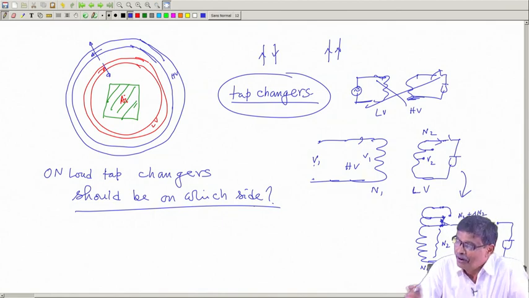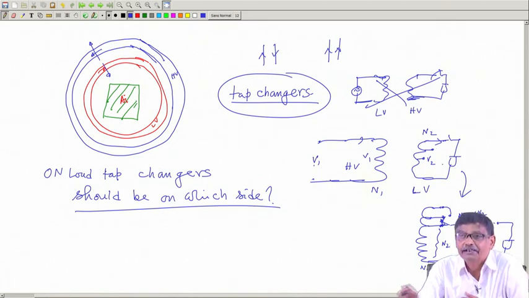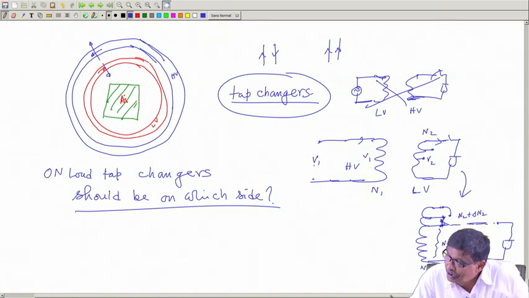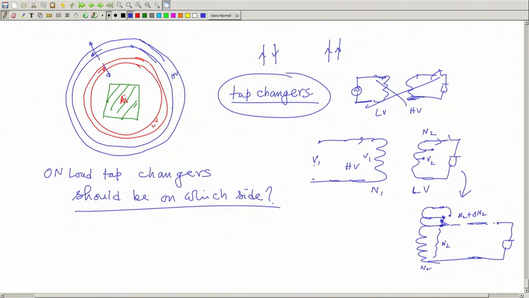No, because the LV side current is more. So, whenever you move this switch from this point to this point, you are trying to break the current and quickly it will be short circuited, this turn a bit. So, tap changers will be much more stressed.